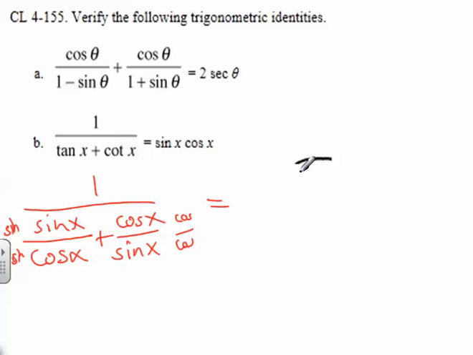So that turns into a big 1 over sine squared of x plus cosine squared of x, from sine times sine and cosine times cosine added together. That's the numerator. And then the denominator here, sine cos, is the common denominator.